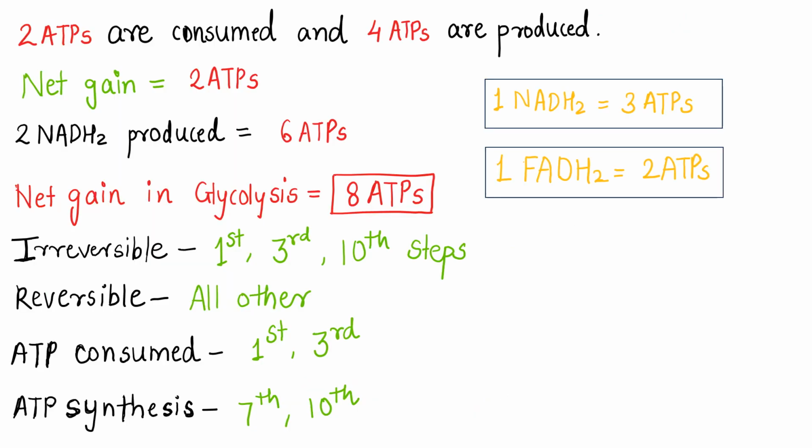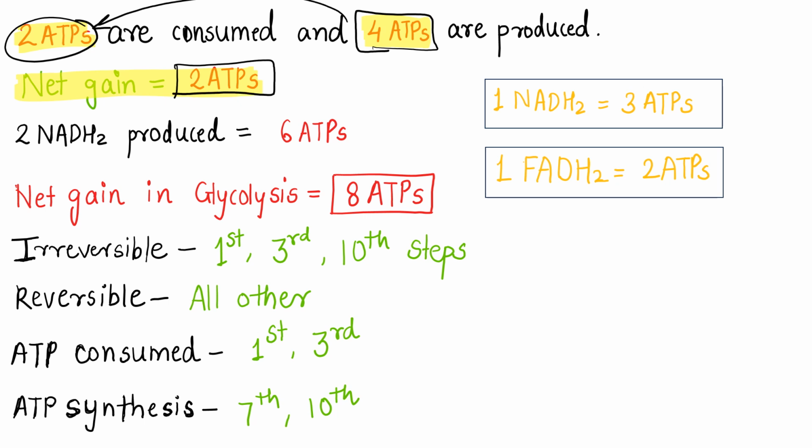Now here are some important things to remember in glycolysis on which questions can be asked. In glycolysis, 2 ATPs are consumed, that is utilized, and 4 ATPs are produced. Therefore, the net gain of ATPs will be 2 ATPs. Out of the 4 ATPs formed, 2 are utilized in the steps.